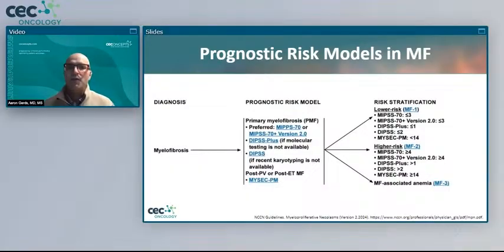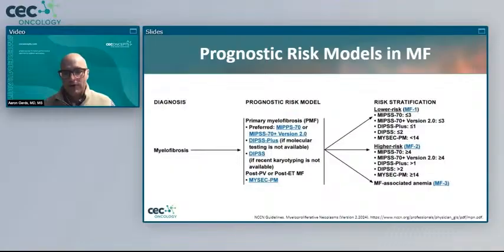But at the end of the day, no matter which risk model you use, patients are classified into lower risk disease versus higher risk disease. Lower risk disease is typically, we think of patients who have a predicted median survival of greater than 5 years. Higher risk is those who have a median survival of less than 5 years. And this is really important for identifying patients who would be good candidates from a disease perspective for an allogeneic transplant.